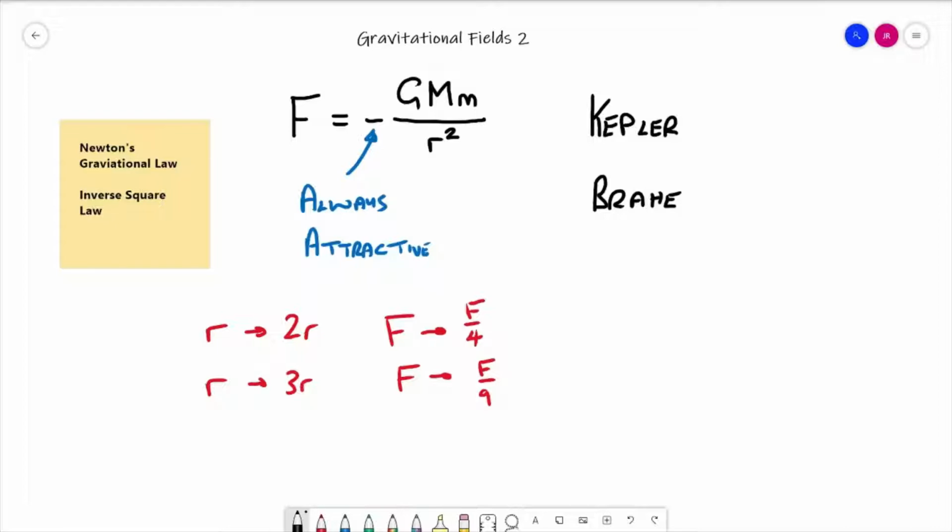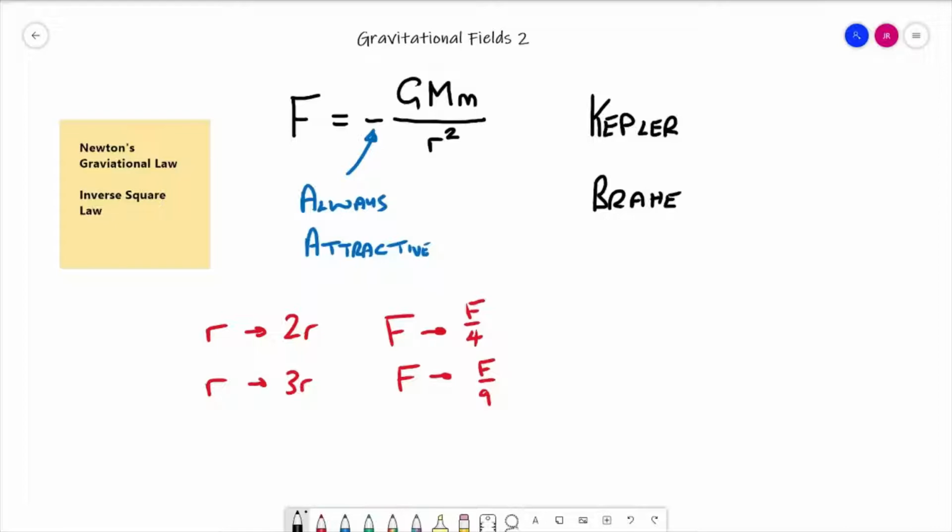Now, Brahe was a Danish astronomer, and remarkably, Tycho Brahe took all of his measurements without the use of a telescope. Now, to me, that seems absolutely remarkable. The fact that Tycho Brahe did a load of measurements without the use of a telescope, which astronomers nowadays wouldn't even dream to do any kind of measurements without the use of a telescope or some kind of scientific equipment along those lines.